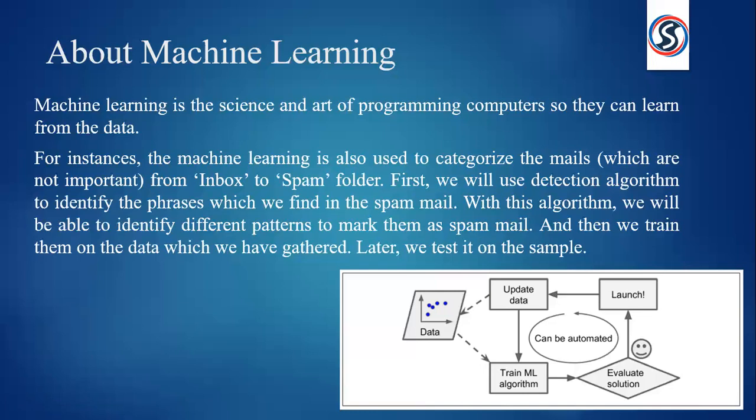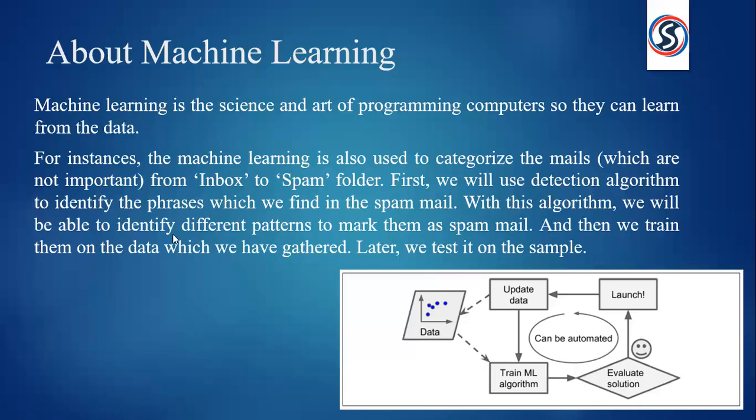Behind that, the data is completely trained. There is a model fitted in my Gmail so that it can automatically predict and recognize the spam mail and send it to the spam folder as soon as possible.